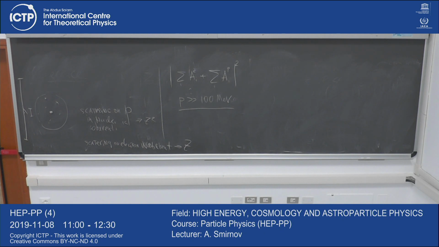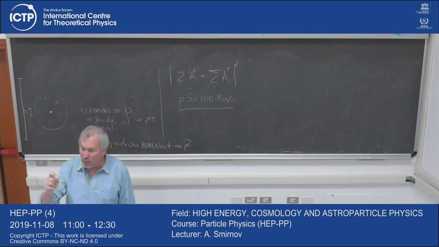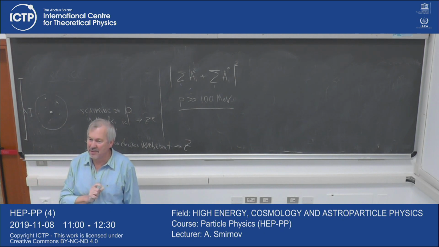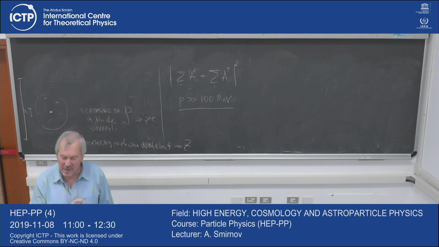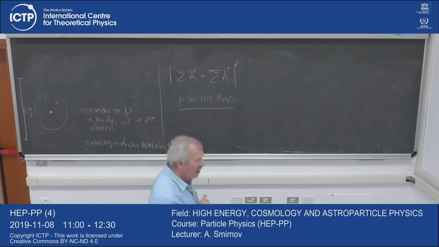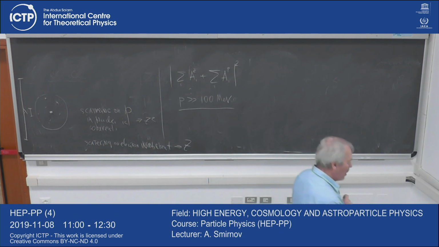The distance between scatterers is much smaller than the wavelength of your incoming particle. Then the scattering is coherent. If the wavelength is smaller than the distance between the particles, then you can resolve different particles in your system. Again, the same story with a microscope, if you want. You see, that appears everywhere.